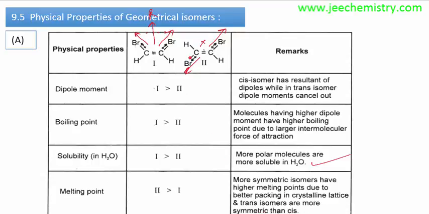Higher symmetry means higher packing efficiency, and higher symmetry means a higher melting point, because this one is polar, so the structure will be deformed and it has less packing and less symmetry. So these compounds have more symmetry, so this has a higher melting point than the cis isomer.